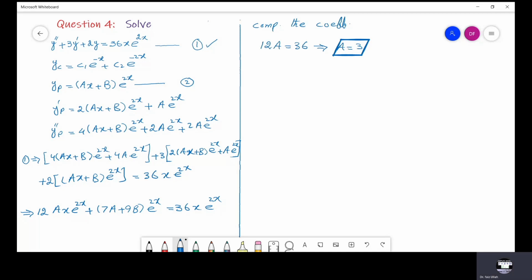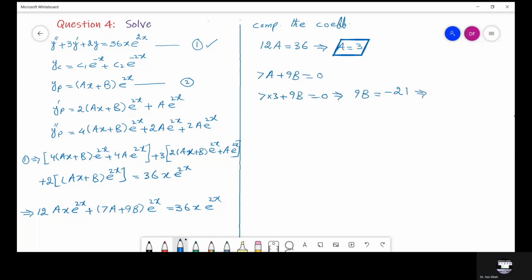Now, comparing the coefficient of e power 2x, on the left hand side, we have 7a plus 9b. On the right hand side, we have 0. Putting a is equal to 3 here, we get 7 into 3 plus 9b equal to 0. This implies that 9b is equal to minus 21.